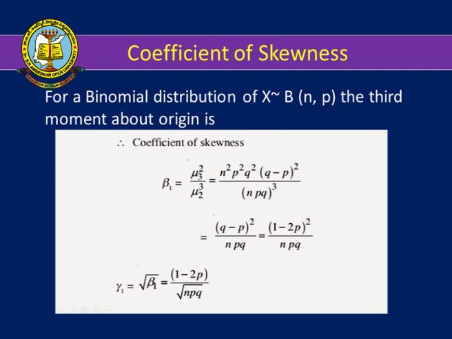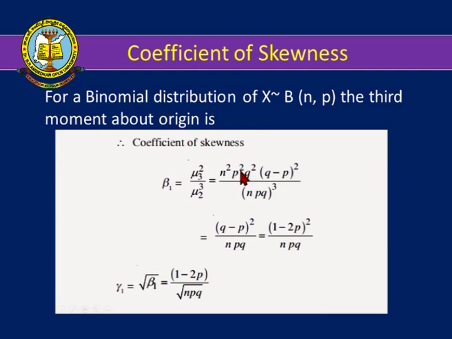Now, the next property of the binomial distribution is the coefficient of skewness. This is important because we can identify the nature of the distribution. For a binomial distribution, x follows b of n comma p. The coefficient of skewness is beta 1 is equal to mu 3 square by mu 2 whole to the power of 3.